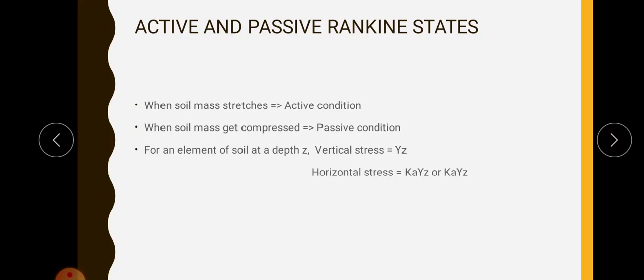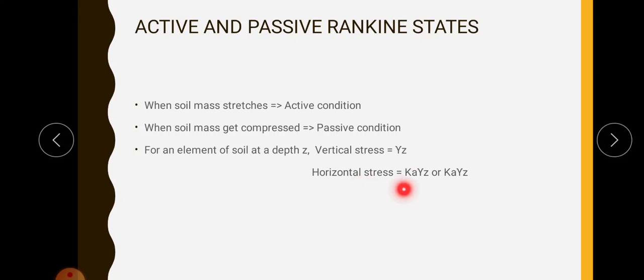Next, for an element of soil at a depth z, what is the value of vertical stress? Vertical stress is equal to the unit weight of the soil times the depth z. What is the horizontal stress? If we know the earth pressure coefficient K, which for the active condition will be Ka, then the horizontal stress equals the coefficient of earth pressure times the vertical stress, because the coefficient of earth pressure is sigma h by sigma v, horizontal stress by vertical stress.